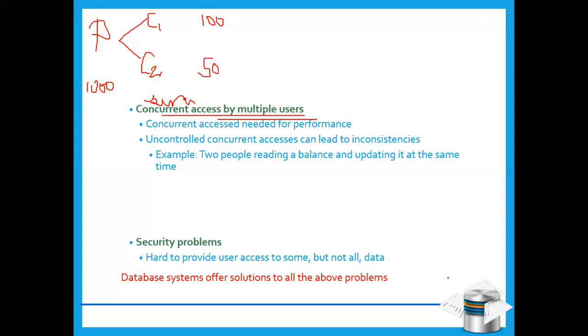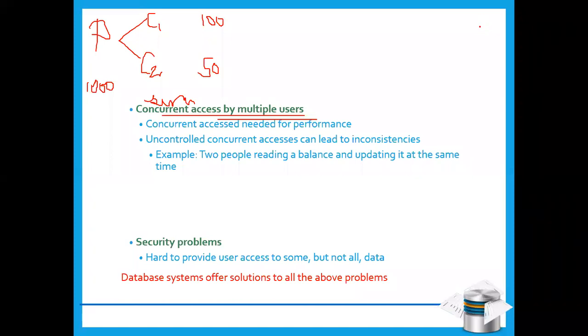Now tell me, what will be the balance in the account? Very simple mathematics: the balance should be 850, because one person takes 100, the other takes 50.